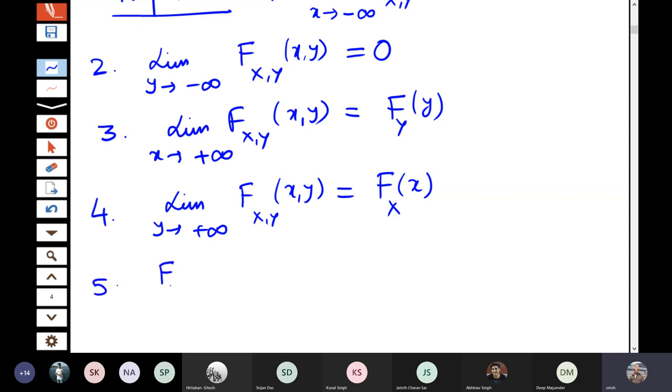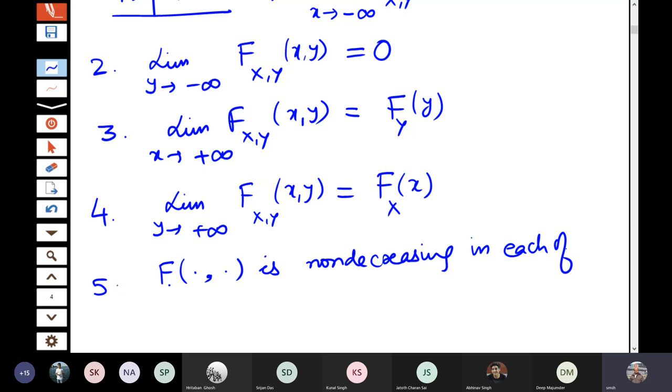Then F is non-decreasing in each of its arguments.